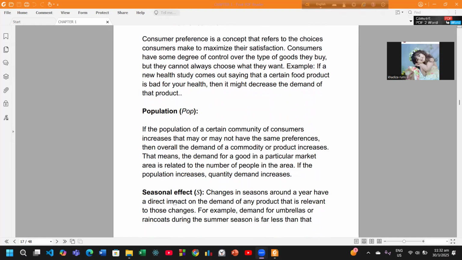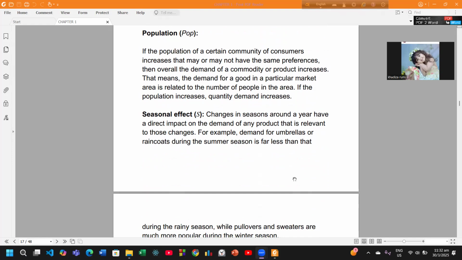Population. If the population of a certain community of consumers increases, the demand for a commodity or product increases. Seasonal effect.